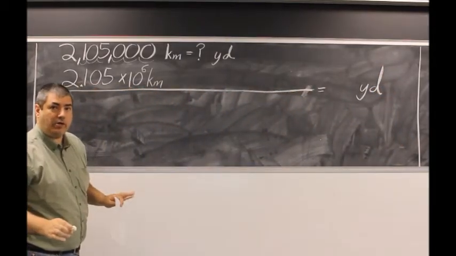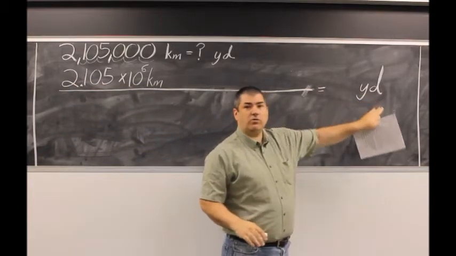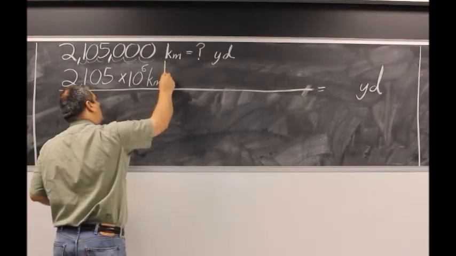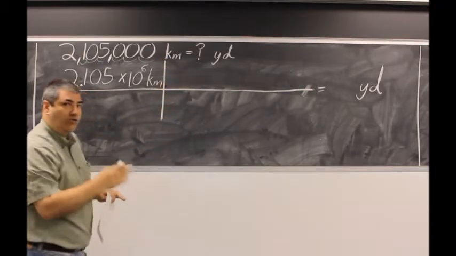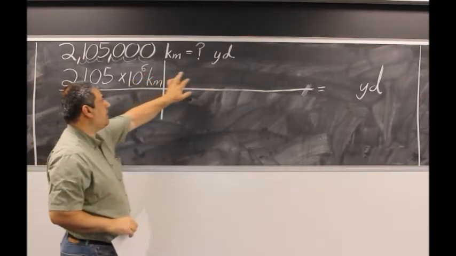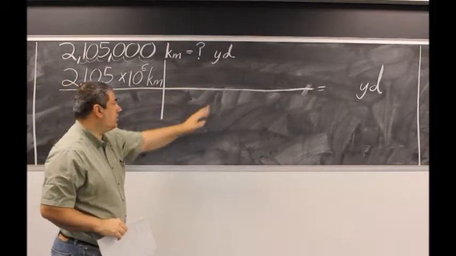That is so critical, I can't stress that enough, because how do you know you're done if you don't know what the unit is? Now, we differentiate our conversion factors by this line. All I'm doing on this grid, everything on top I'm going to multiply through, everything on bottom I divide through.